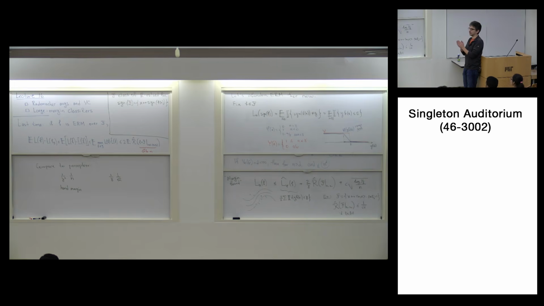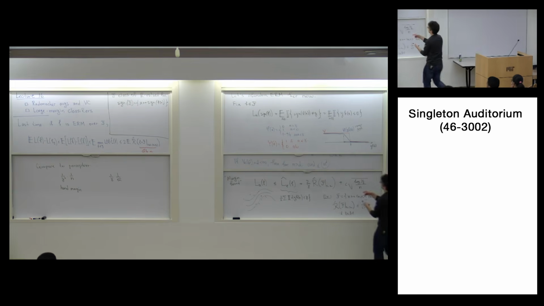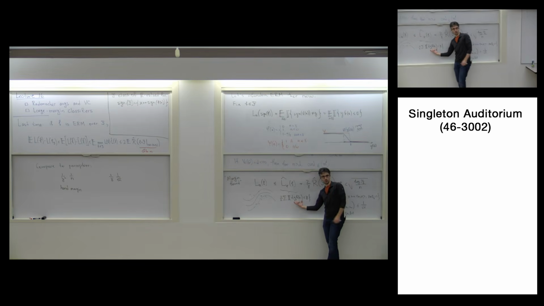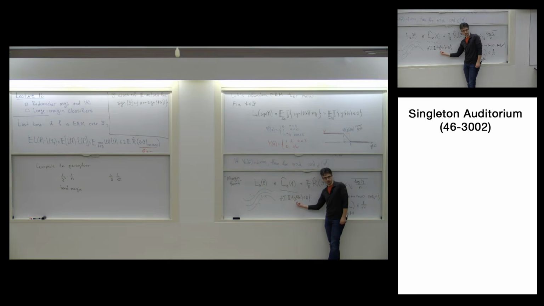So the hard margin is that there exists a w star that separates, let's say, the distribution. So you'll never see data inside of the gamma margin. For the linear case, the margin definition is exactly this notion, right? Y times w times x being less than gamma.